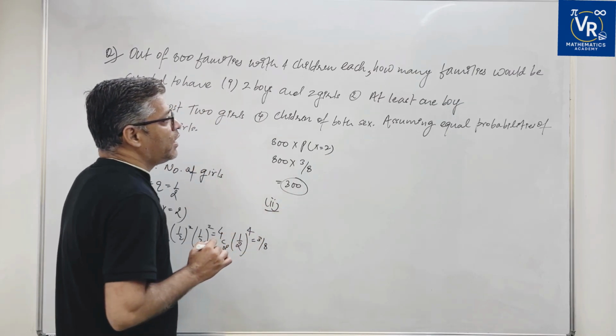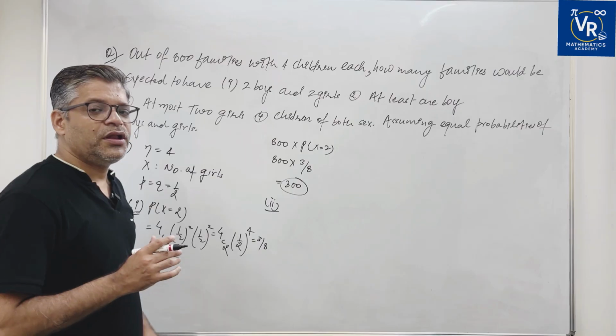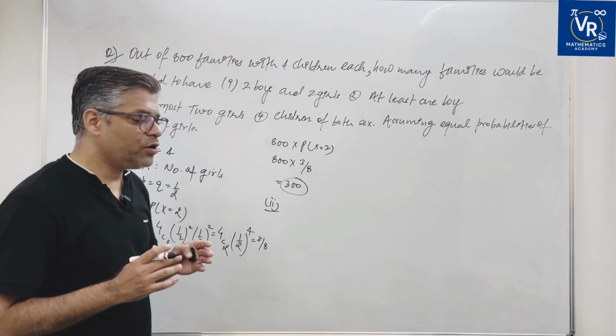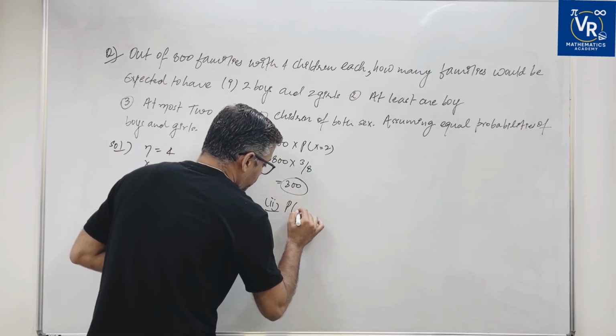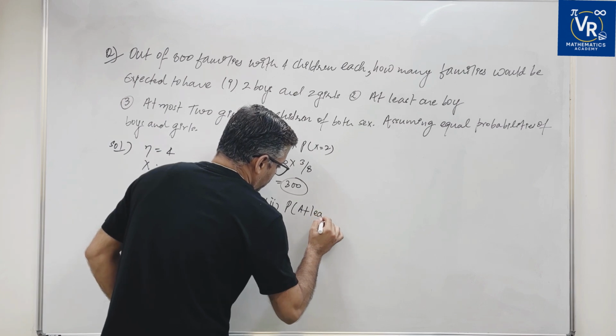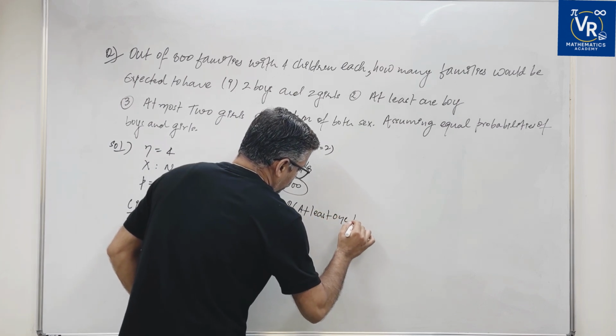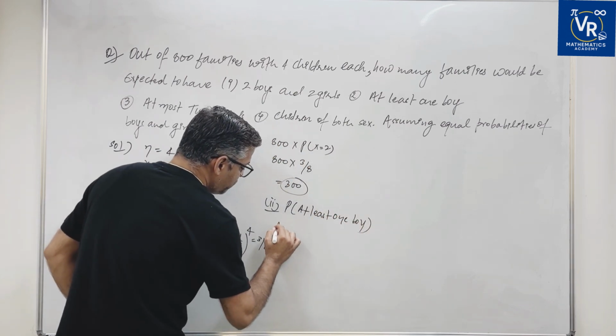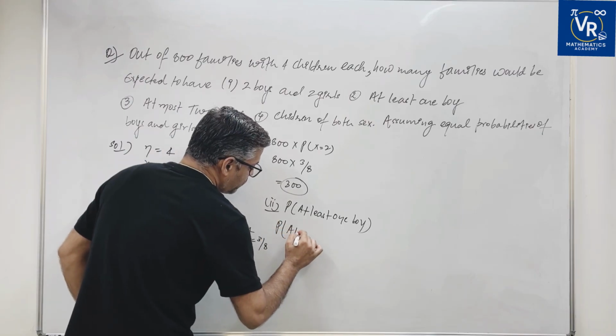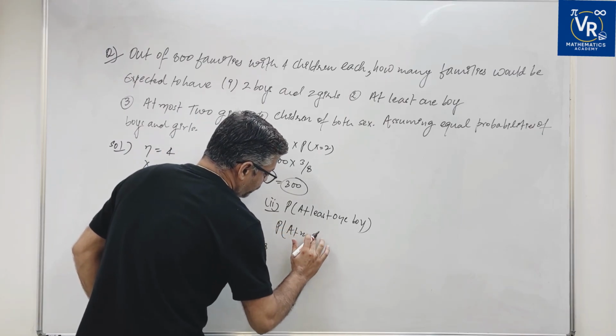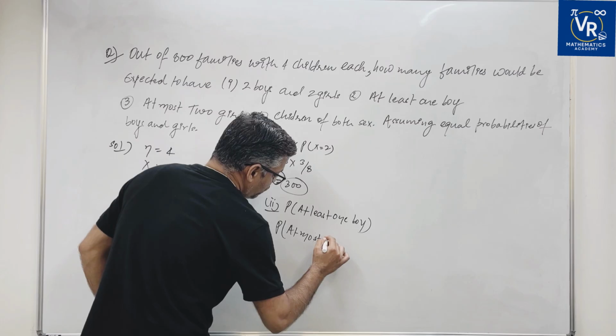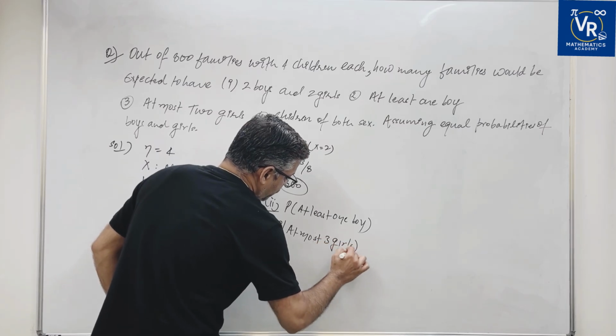Second, at least one boy. Now, when we are going to find out probability of at least one boy, the meaning is that probability of at most 3 girls.